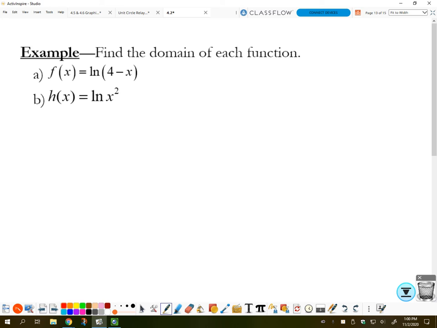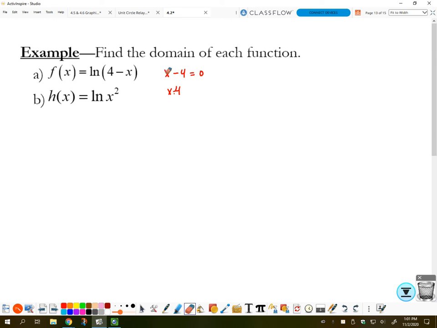So if I want you to find the domain here, I'm going to rewrite this because you see how it's 4 minus x. Well, we want the x to be positive, but that's not really going to fix it. So if it said this, you would tell me that it was 4. Well, that's because if I make it equal to 0 and solve, I get 4, right?